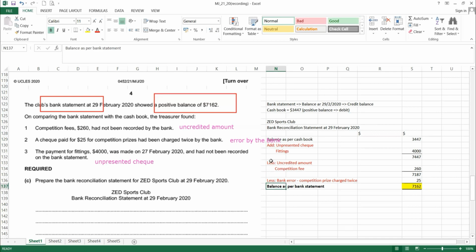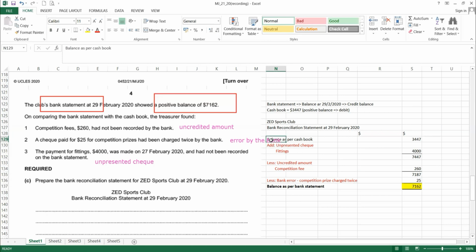Next is the uncredited amount. Uncredited amount means that our bank statement has not put in the money yet. That means the banker assumes this money is not received yet. So when the money is not received from the banker's point of view, we should less it in order to get back the bank statement amount. So that's why this is like a formula.